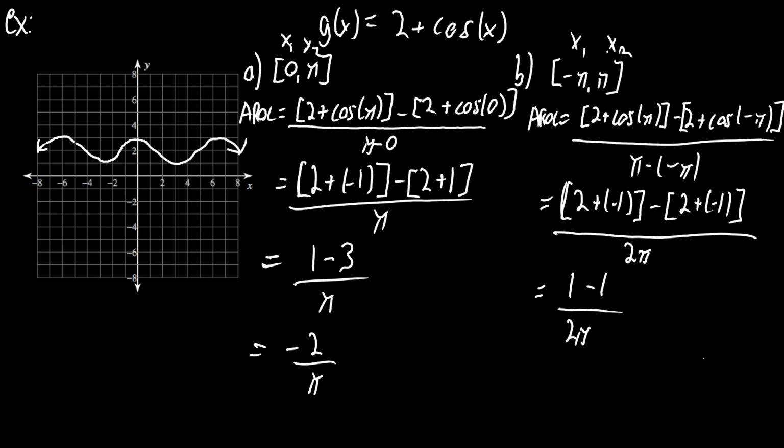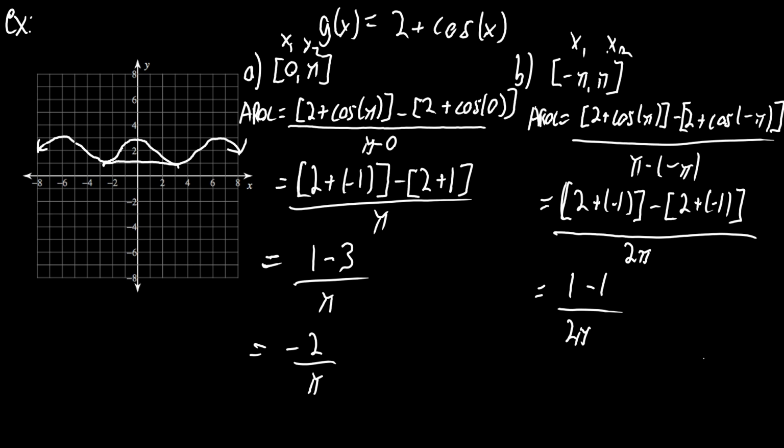And let's look at this on the graph here. So we have negative pi, which is about right here. And we have positive pi about right there. Connect the lines. You obviously see the slope here is just 0. Okay, there's no change in our slope there.